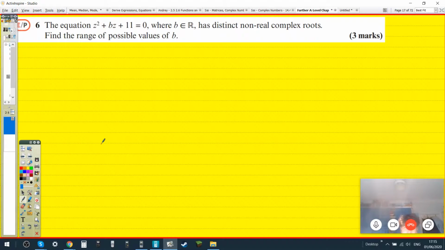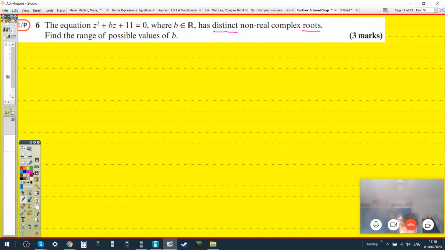Yep. How would we work back from this? Find the range of possible values. It has distinct roots. What does that tell you?